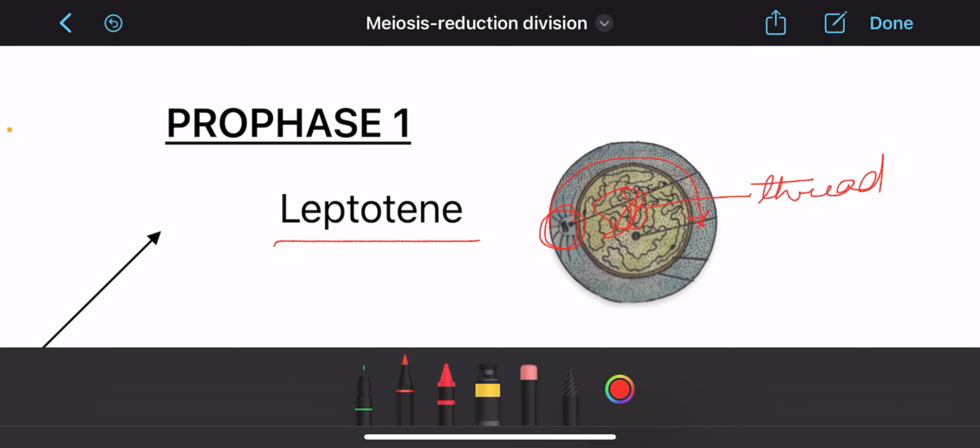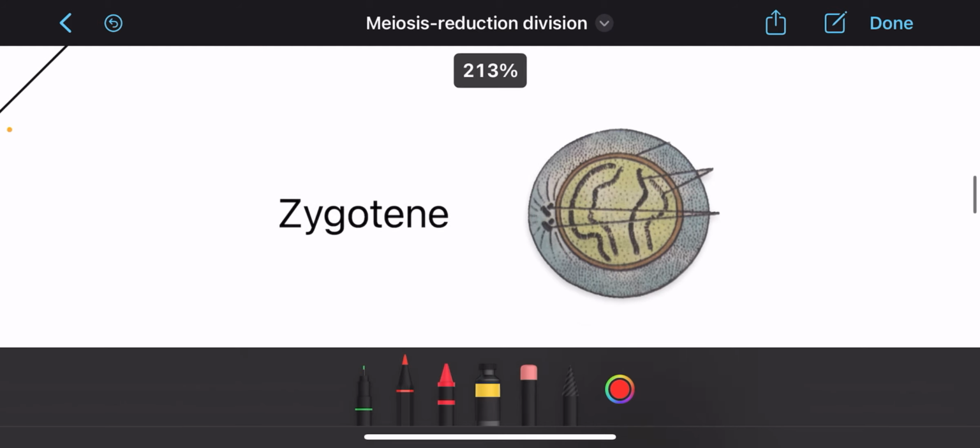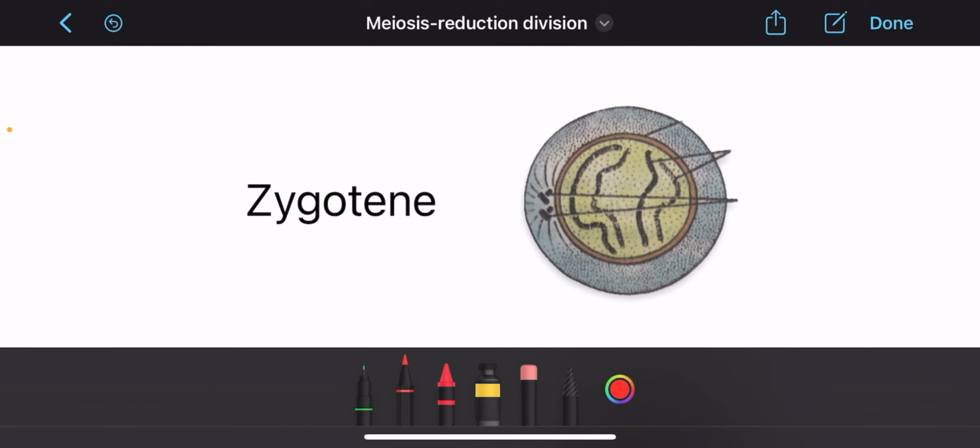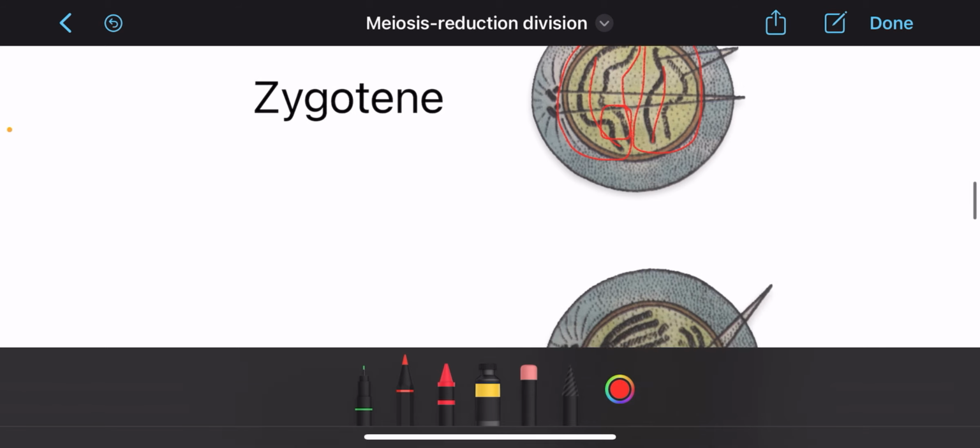After this, the cell enters into the zygotene stage of prophase I. In zygotene, the pairing of homologous chromosomes, called synapsis, takes place. Synapsis may occur at one or more points along the homologous chromosome. This leads to the formation of the synaptonemal complex at the point of synapsis. After this, the cell enters into another stage of prophase I, that is pachytene.